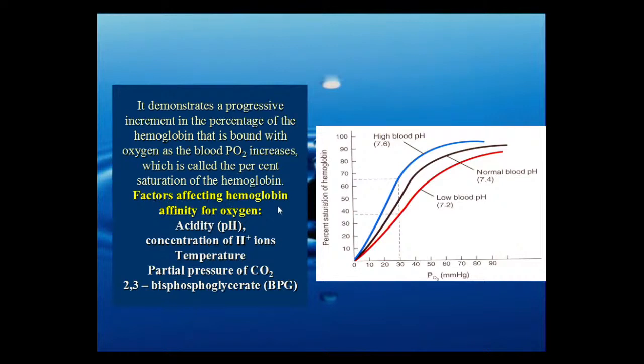Factors affecting hemoglobin affinity for oxygen are acidity, pH, concentration of hydrogen ions, temperature, and partial pressure of carbon dioxide, and such chemical substance which is present in erythrocytes and influences dissociation of this complex oxyhemoglobin.